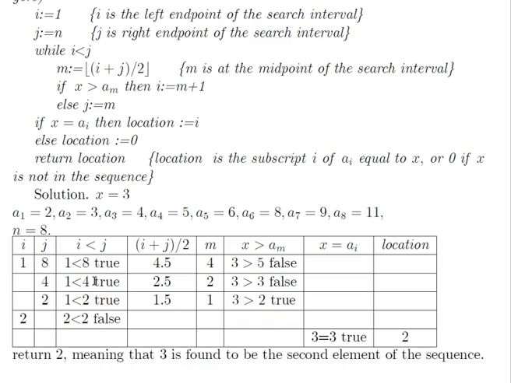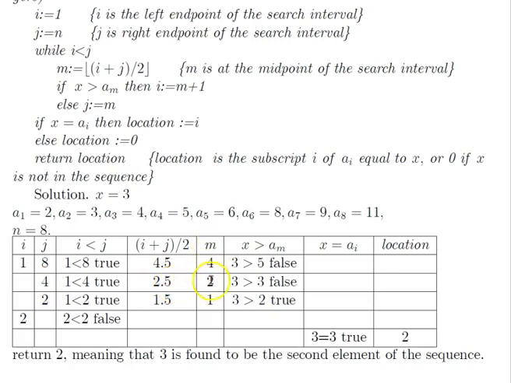We check the condition of the while loop, i less than j. 1 is less than 4, it is true. So the action of the while loop is executed one more time. i plus j divided by 2 is 2.5 now. 1 plus 4, 5 divided by 2, 2.5.